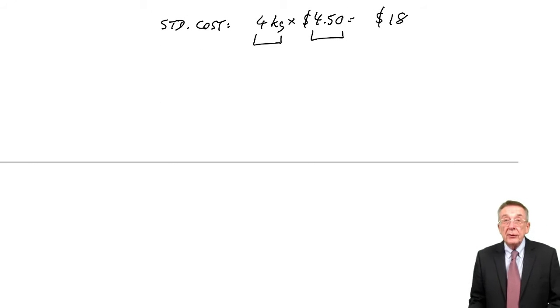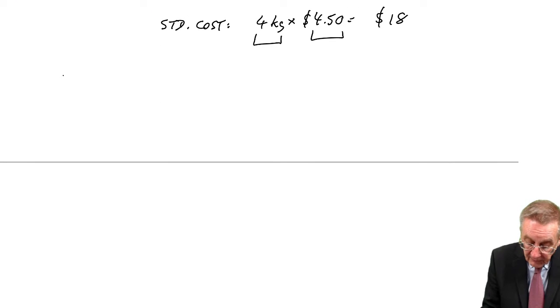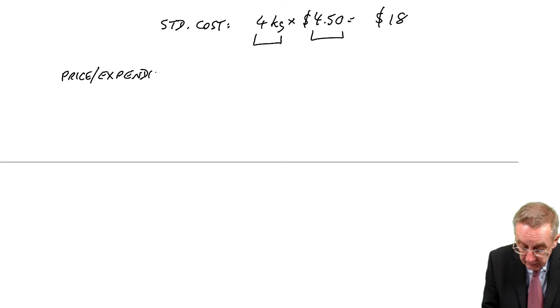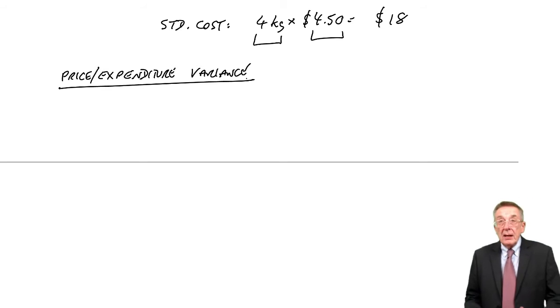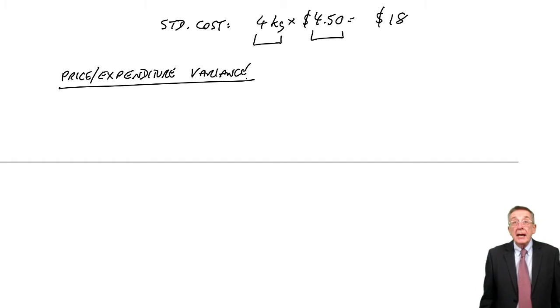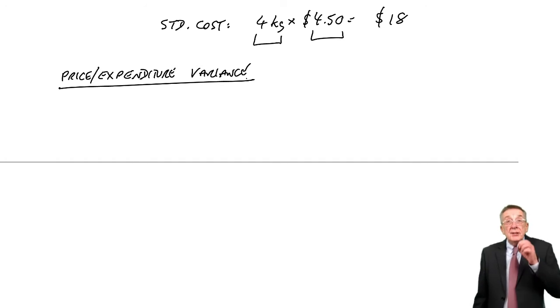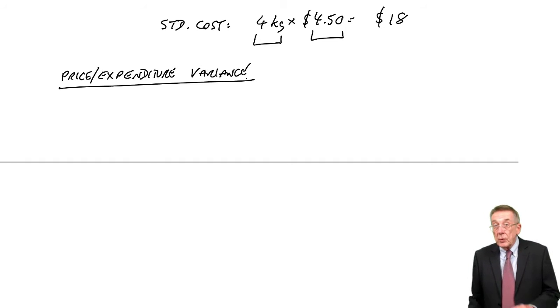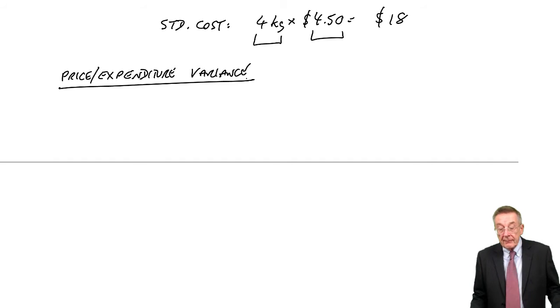First of all, I'll look at the £4.50 a kilo. We call this the price or the expenditure variance. And appreciate, all I care about for this one is, did we pay £4.50 or didn't we? That's all that matters to me.